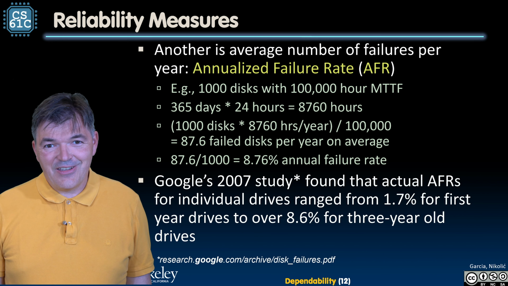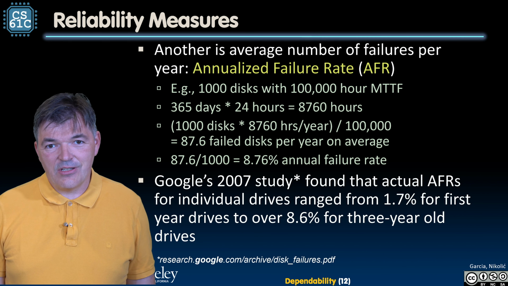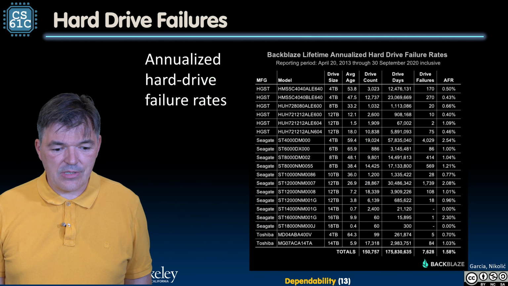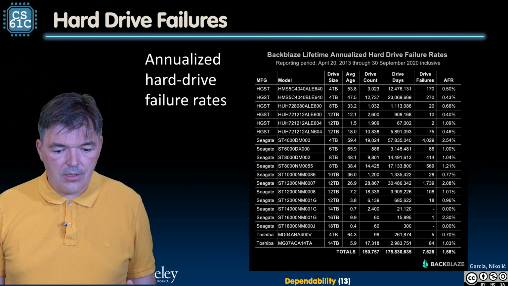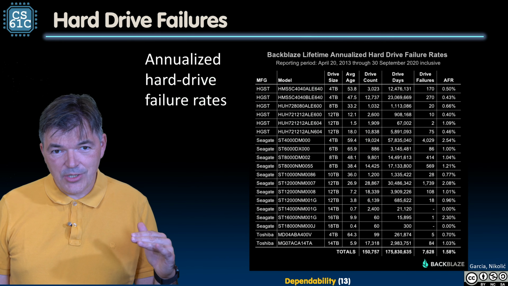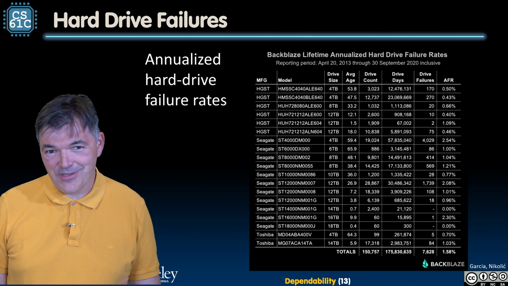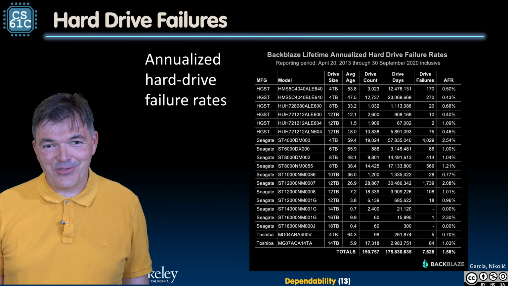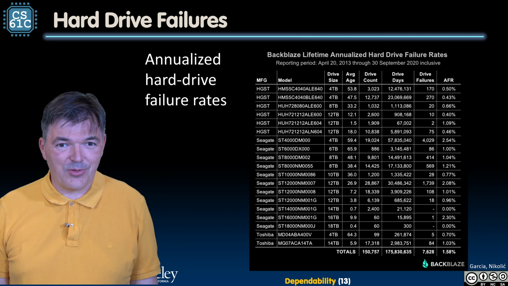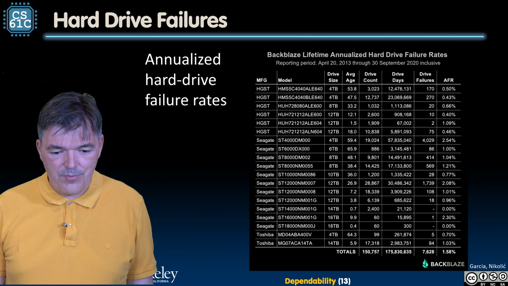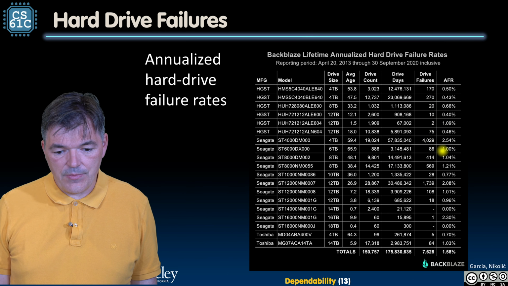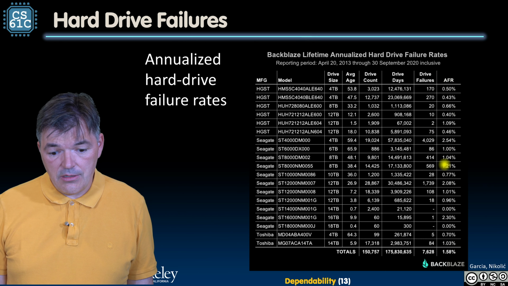There are interesting websites. One of these online backup services, Backblaze, actually publishes the failure rates of their drives, and that may be useful information that you can take a look at when you would like to buy a new drive. They publish these AFRs, and they turn out to be pretty good for modern drives.